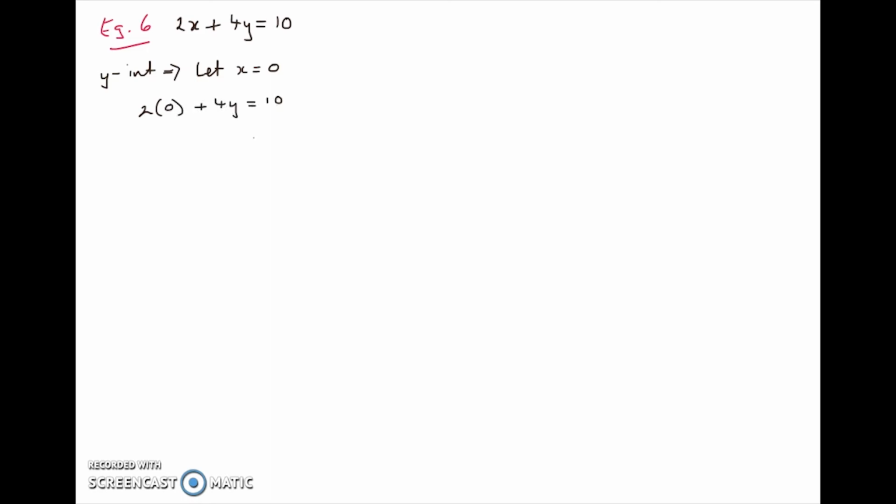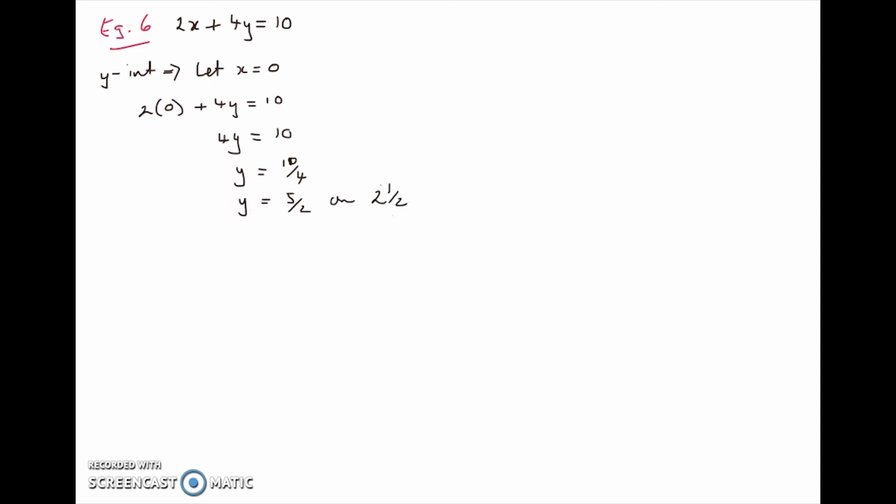So we end up with 4y equals 10, because 2 times 0 is 0. Then divide by 4, so we're left with y equals 10 over 4, or 5 over 2, or 2.5. So that's our y-intercept.